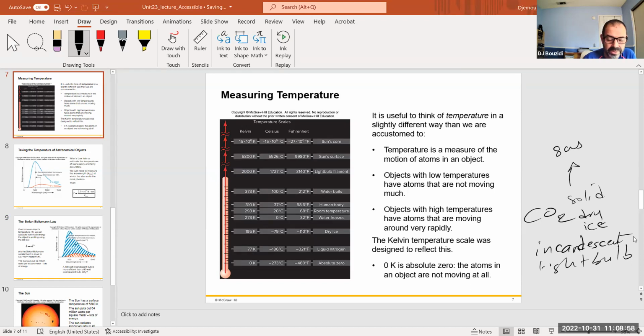So that runs about 2000 Kelvin, and it's about 1727 degrees Celsius.